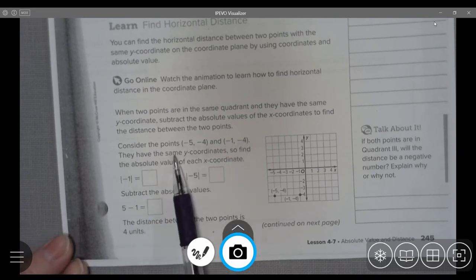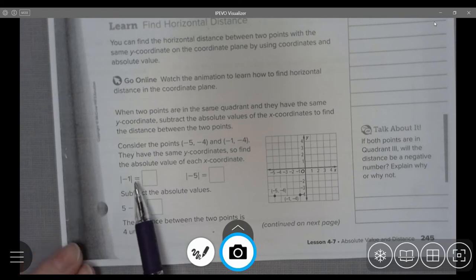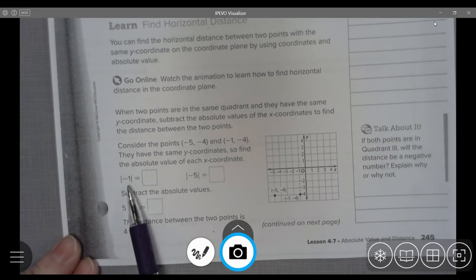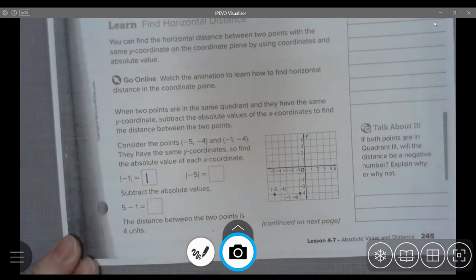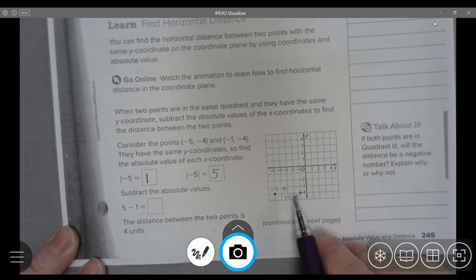They have the same y coordinates, so find the absolute value of each x coordinate. Remember, the absolute value is how far it is from 0. The absolute value of -1 is 1 because it's 1 unit away from 0.